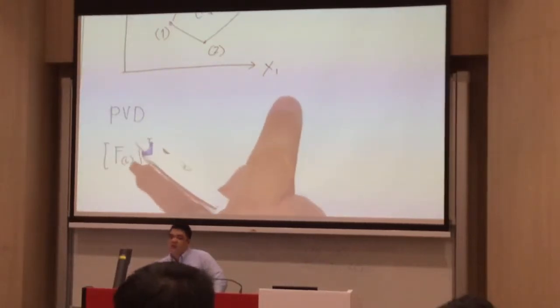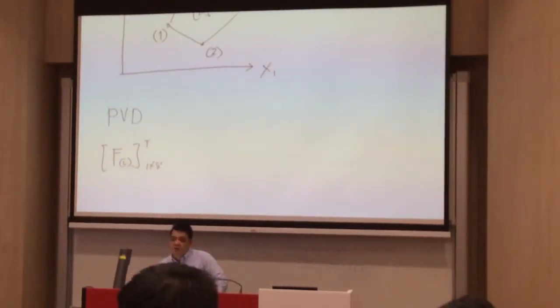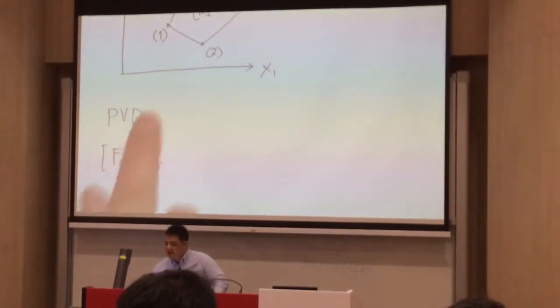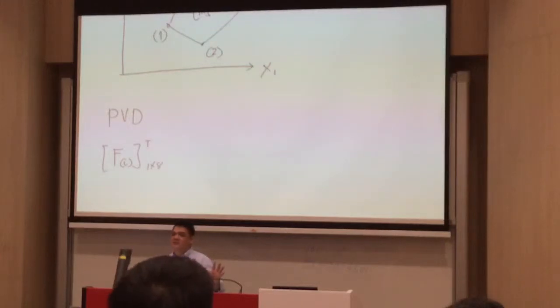So this one is x1, x2, so you have a u1, u2 for each of these nodes. So you have 8 displacements, 8 forces. So you will be expecting a stiffness matrix of 8 by 8. Yes? So just imagine a 2D bar, just about that.